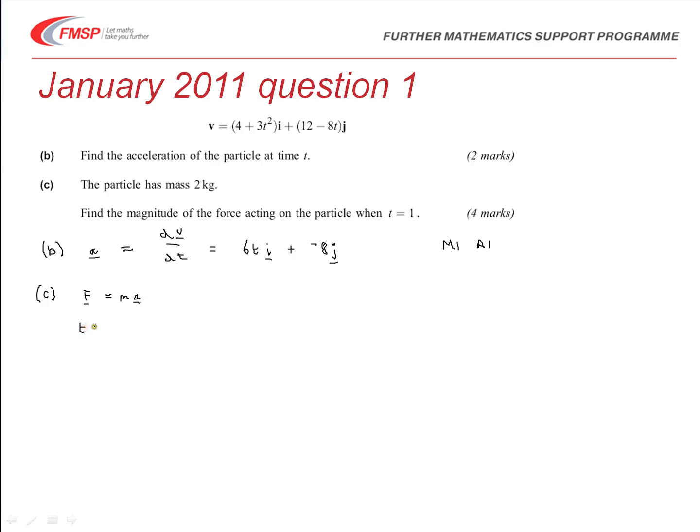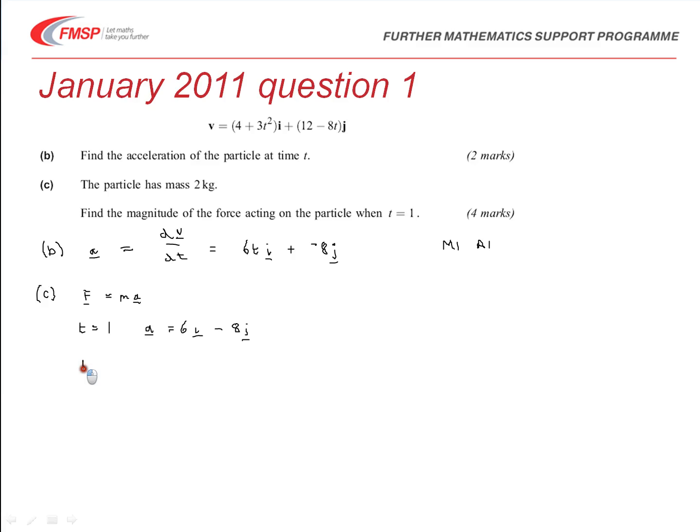So if we take t equals 1, substituting it in, the acceleration is equal to 6i minus 8j. And then we've got a choice. We can either write the force as a vector and then find its magnitude, or we can find the magnitude of the acceleration and then multiply it by the mass to get the magnitude of the force.